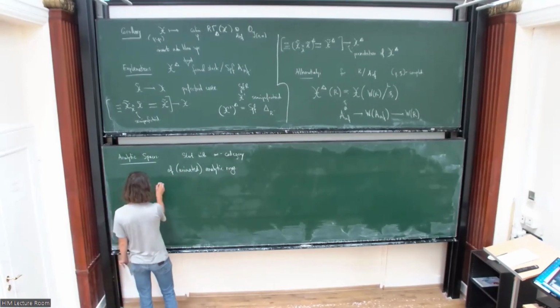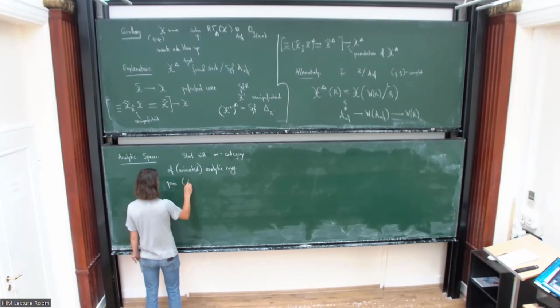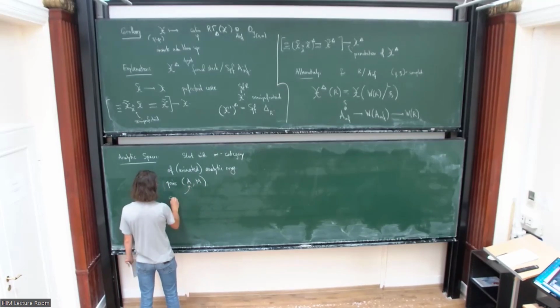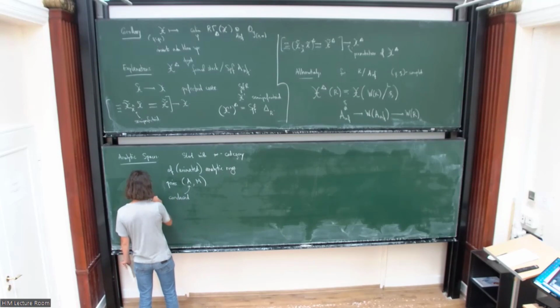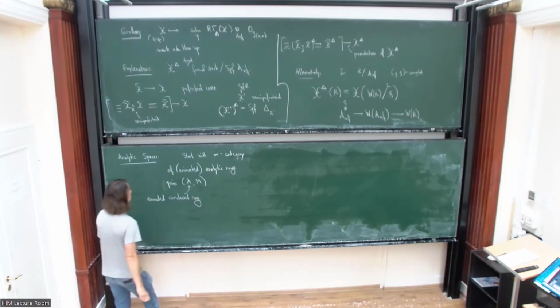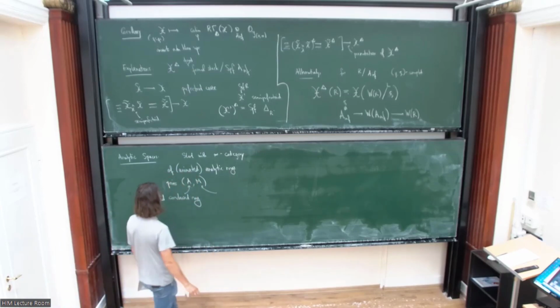So these are pairs A, M, where A is a condensed ring and M is a certain extra data.